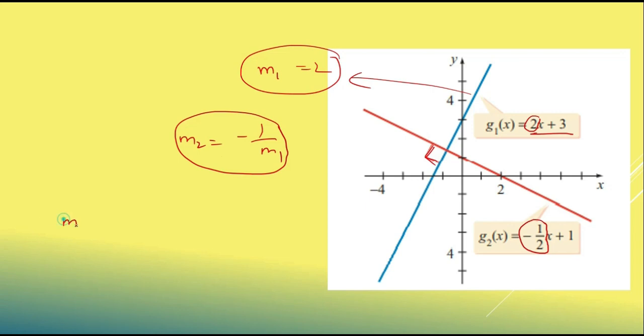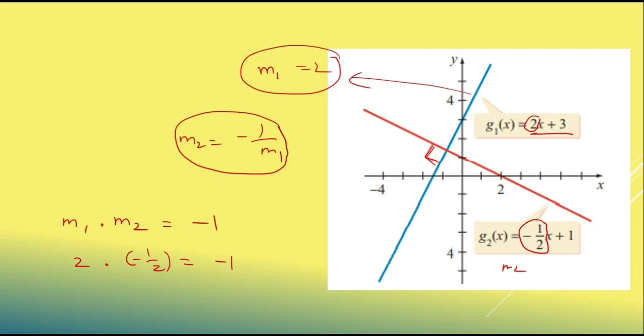In general, if m1 is the slope of the first line and m2 is the slope of the second line, the product of them should be negative 1. Look at this one. Slope m1 is 2, and m2, the second slope, is negative 1 over 2. When you multiply them, the answer is minus 1.